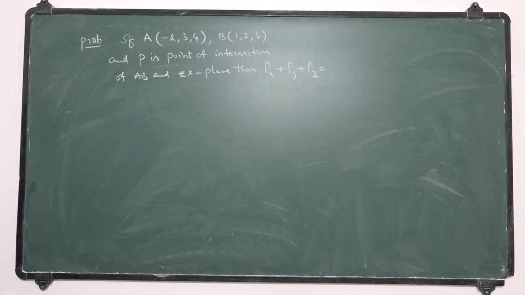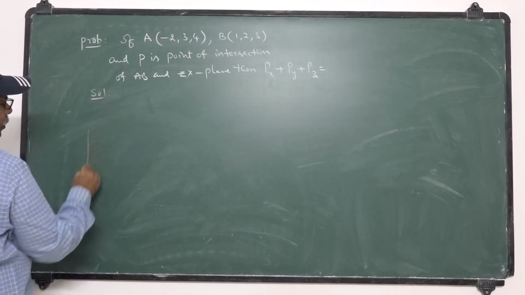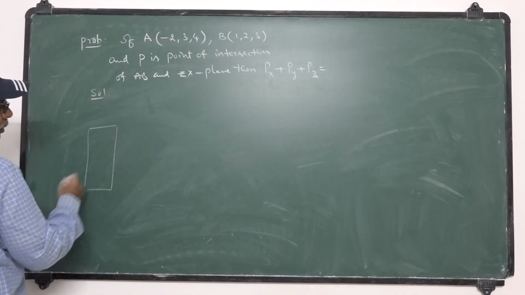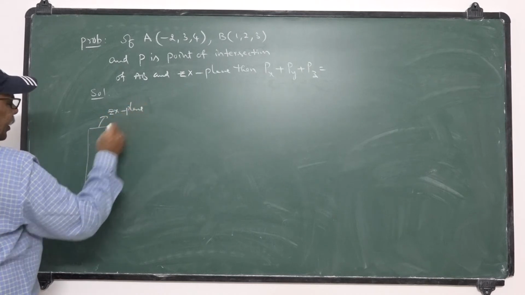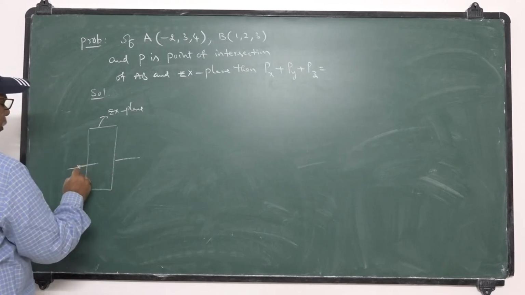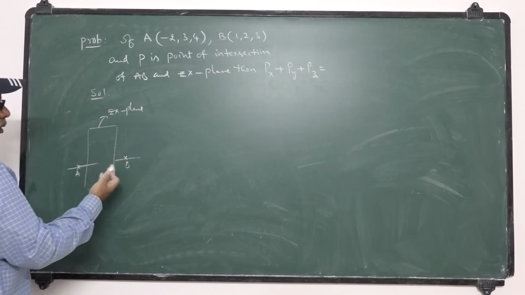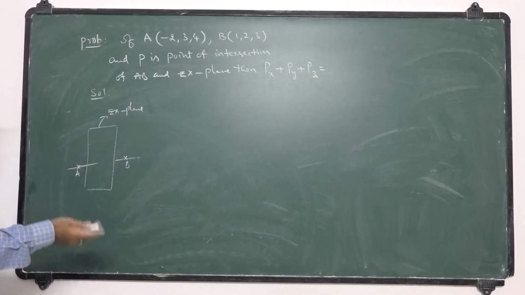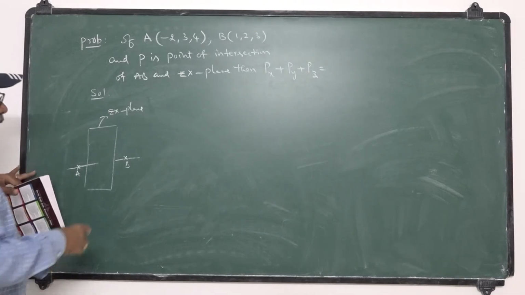If the ZX plane divides AB at P, suppose this is the ZX plane. Suppose AB divides, AB may be on both sides of the plane or on the same side of the plane, based on the internal and external division of the plane and the line segment.